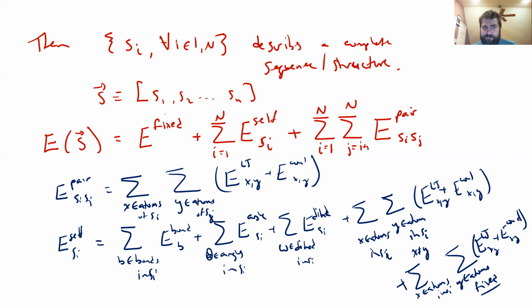And then the fixed piece, that I'm not going to write down the energy function of, also involves bond terms, angle terms, dihedral angles, and non-bonded interactions, but only those that involve exclusively atoms that are fixed, that aren't changing in the design.